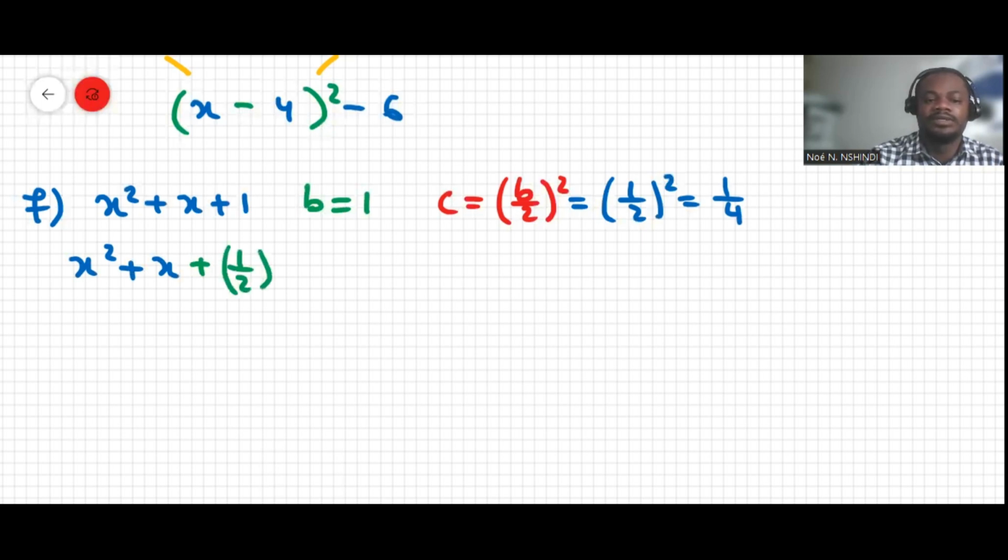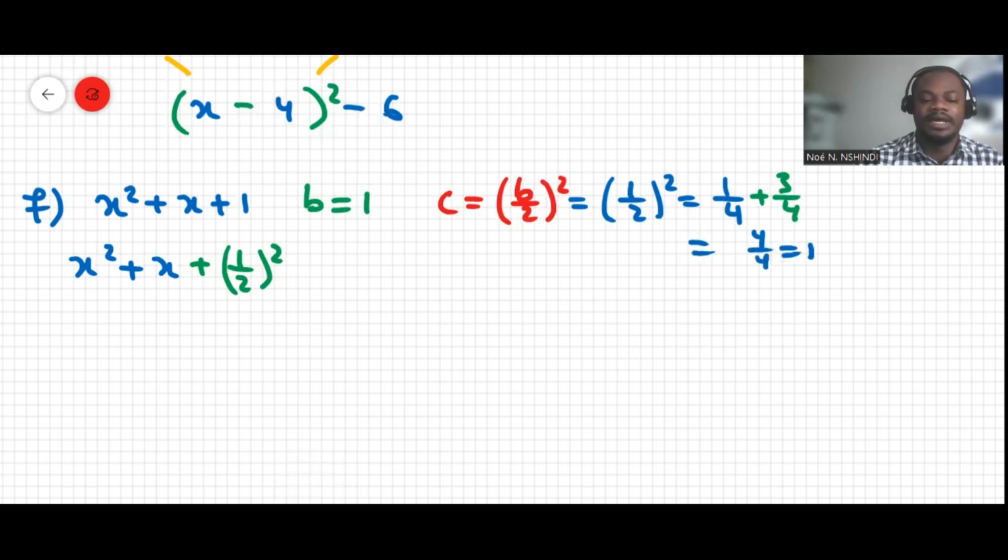power of 2, right? Now, I know that initially it was plus 1, but now I have 1 over 4, which is a half to the power of 2, just 1 over 4. If I need to get 1, what can I do? I must add 3 quarters, okay? Because this will be equal to 4 over 4, which is 1.